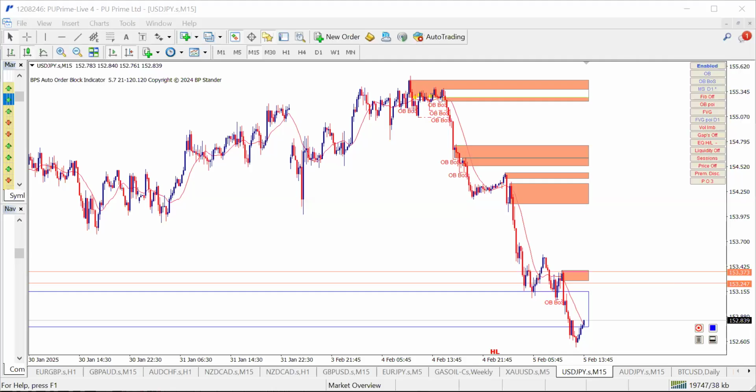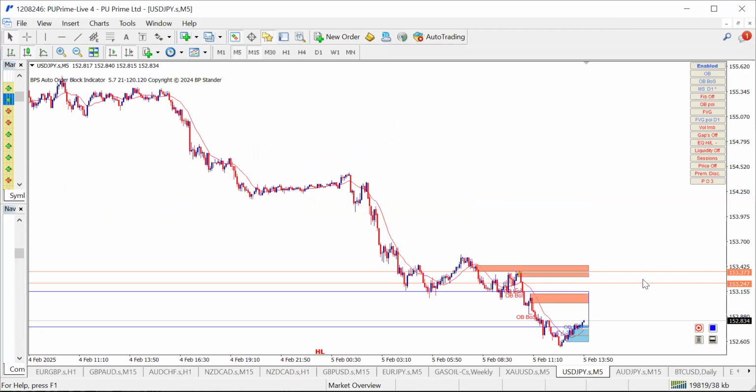Like I said, we are in a retracement phase. So let's see what will happen. I would have said we should take a short to this level, but I don't want to risk it.